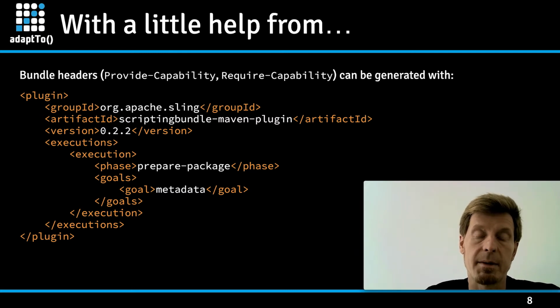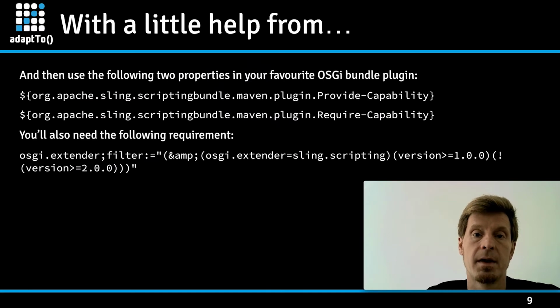If you need require capabilities, which is another way of saying if you have resource supertypes, you have to sprinkle some hints into src/main/scripting for that as well, but it is still reasonably straightforward. Once you've done that, the scripting bundle Maven plugin will populate two properties, namely the provide capability and require capability properties, which subsequently you can then just use in the BND Maven plugin or the Maven bundle plugin to put into headers in the manifest of the bundle.